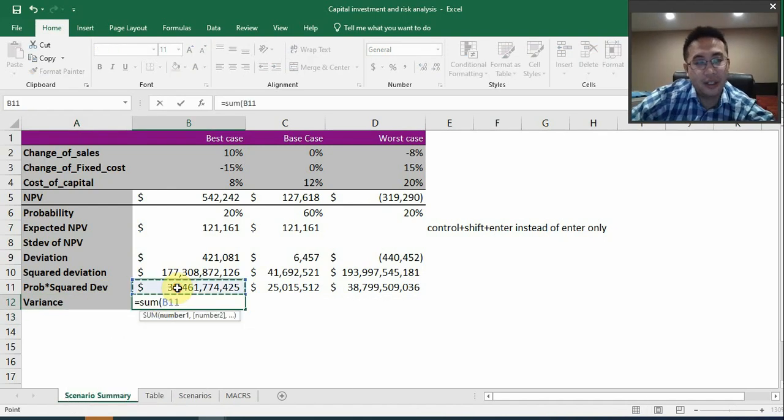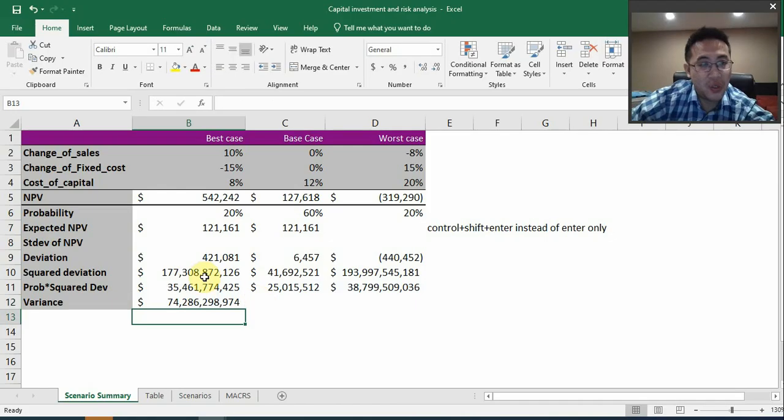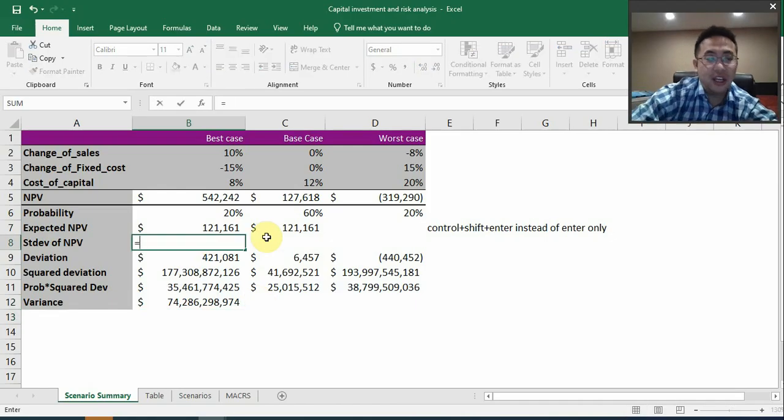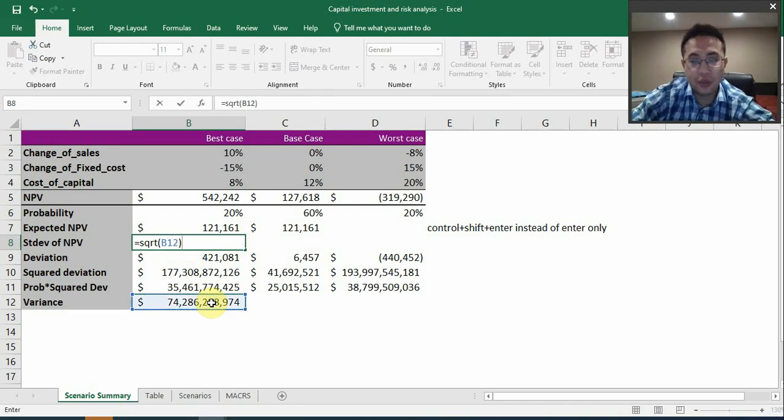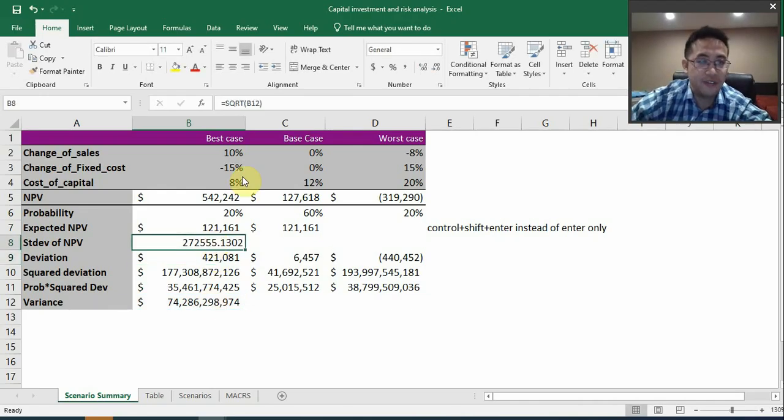Okay, and these are probability times squared deviation. And how do you get the standard deviation here? Then you just need to use a square root of the variance. You just calculate it. All right, I'm doing this following exactly the mathematical formula for standard deviation. Okay, so this is your standard deviation. It's pretty high. It's at $222,000 plus. Okay, so this is the result.